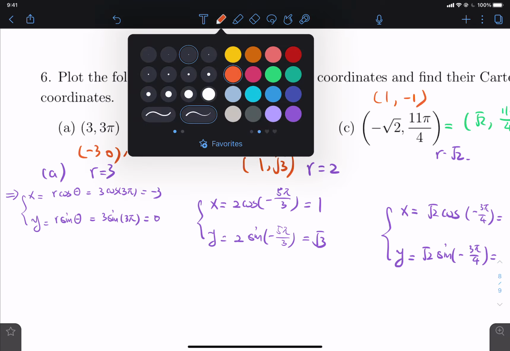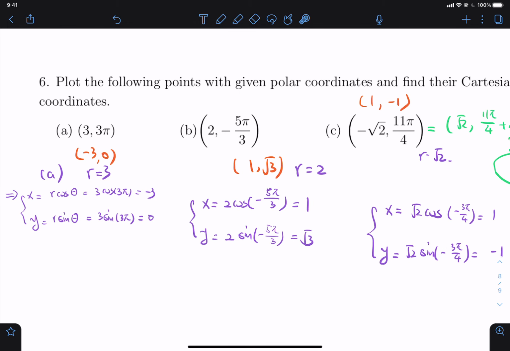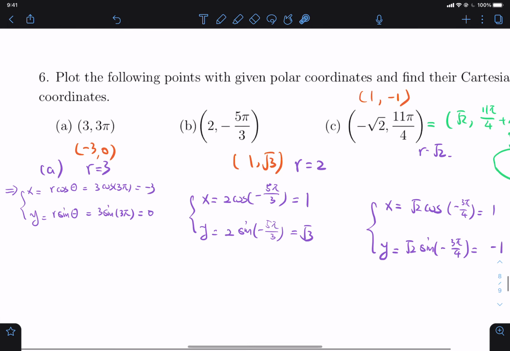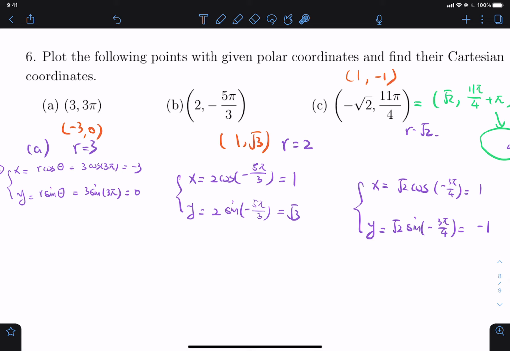which is in our Cartesian form. And now we do that for the second expression as well, right? This is the first coordinate. It means the distance, right? So the radius is 2. And then we're going to use the formula x is equal to radius 2 times cos of this angle, right? This is negative 5 pi over 3. And we're going to add 2 pi to it to simplify this angle.